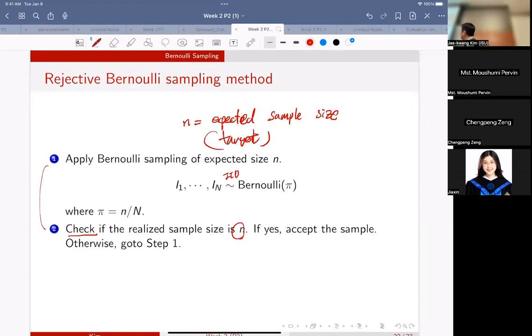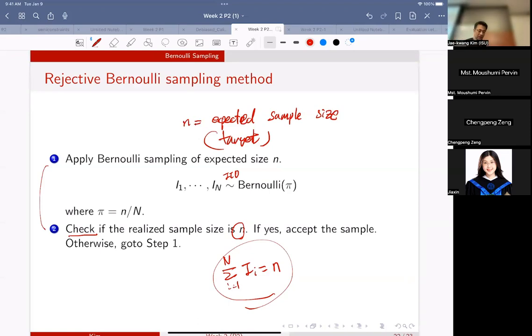But because you condition on a particular event, the sum of the indicators is n, the independence breaks down, right? Because you have a condition, so they are no longer independent.